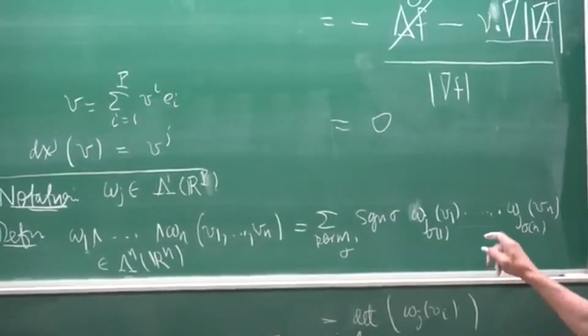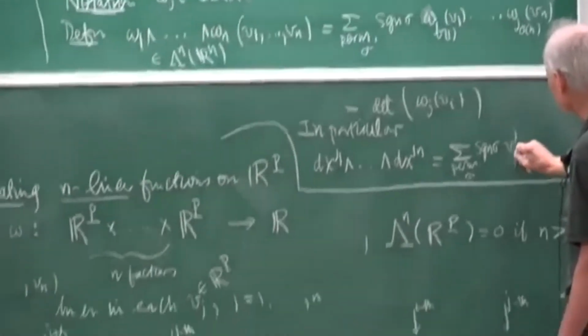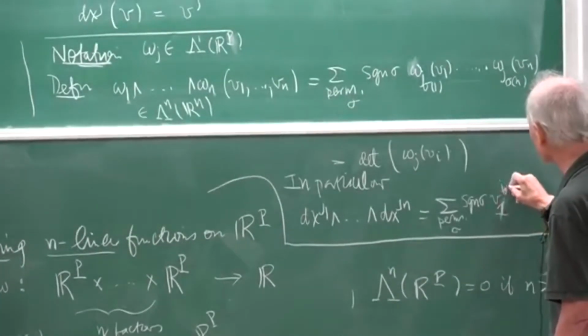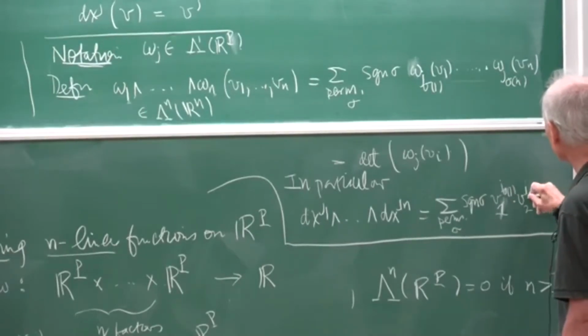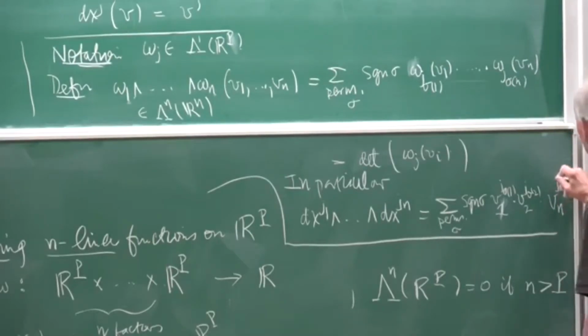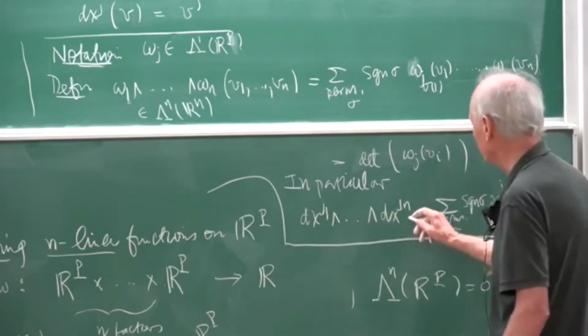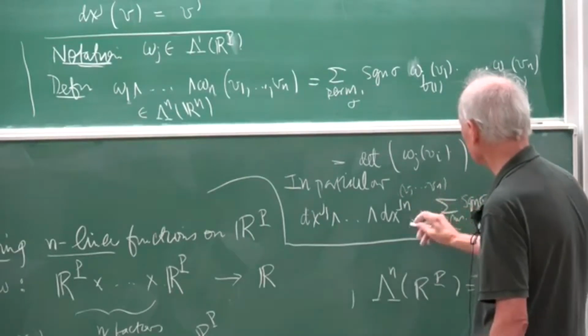So this will be v1 j_σ1 times v2 j_σ2 times, etc., up to vn j_σn. That's what that'll look like. This is dx_j1 hitting v1 up to vn. I left out the v1 up to vn.